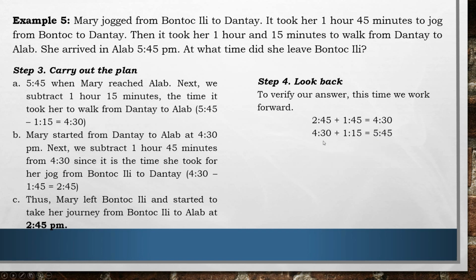Next, from 4:30, we add 1 hour 15 minutes, her walk from Dantay to Alab. The answer is 5:45. This shows that our answer is correct. So she arrived in Alab at 5:45 p.m., and the time when she left Bontoc Ili is 2:45 p.m.